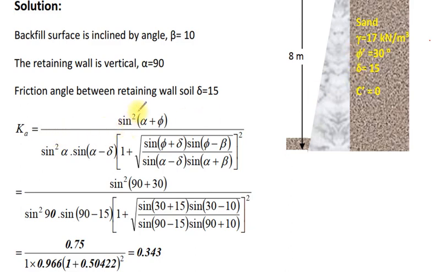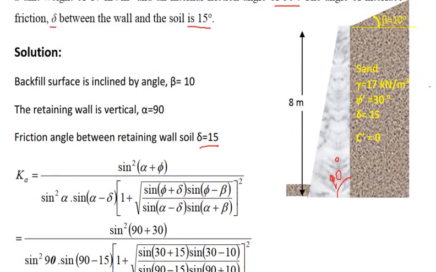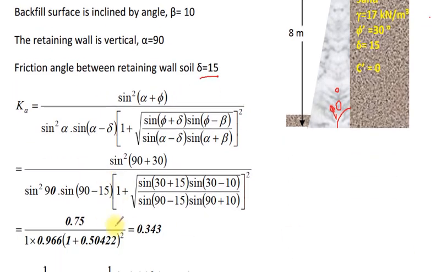K active equals sine squared of (alpha plus phi), with alpha equal to 90 degrees, the angle between the back face of the retaining wall and the horizontal line, delta equal to 15 degrees, phi equal to 30 degrees, and beta equal to 10 degrees. K active equals 0.343.